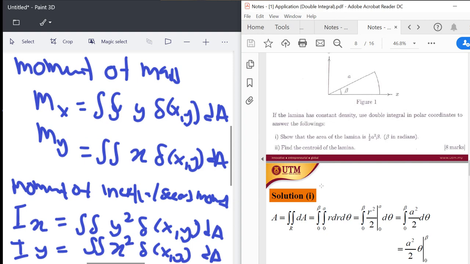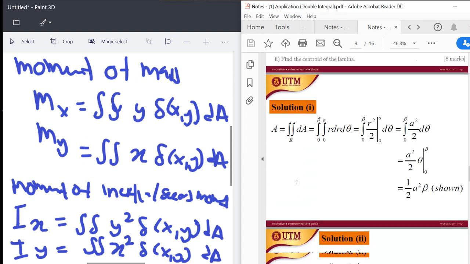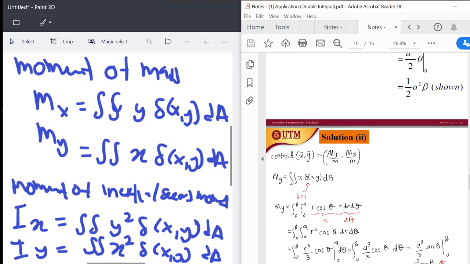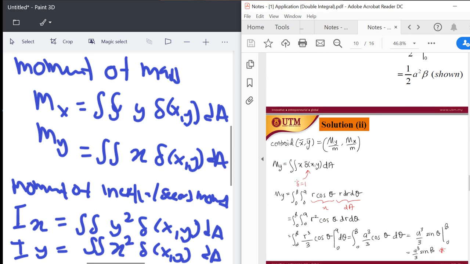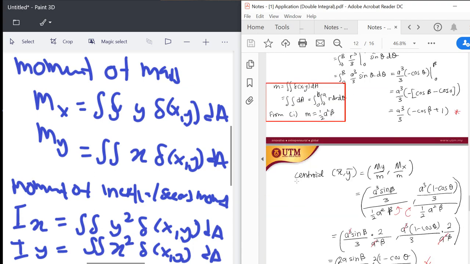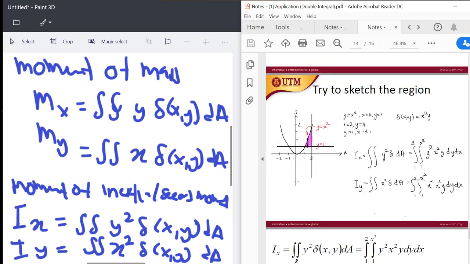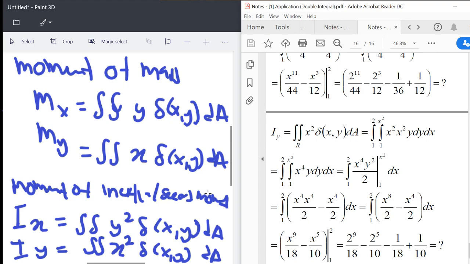The basic terminology is still the same, but we convert y and x in terms of polar coordinates. You can take a look at the example. We will discuss more when we have class later. Okay, thank you.